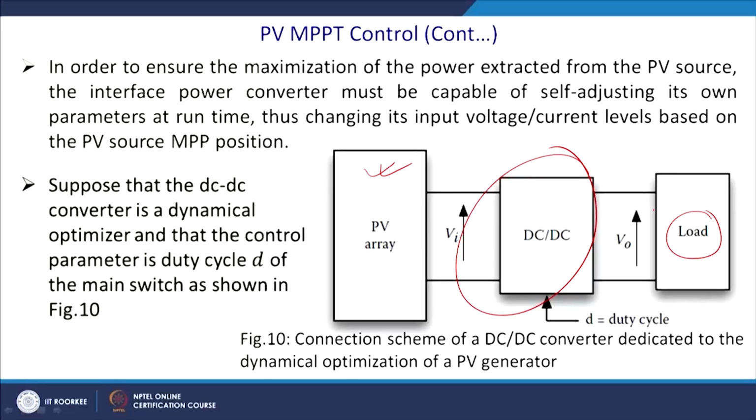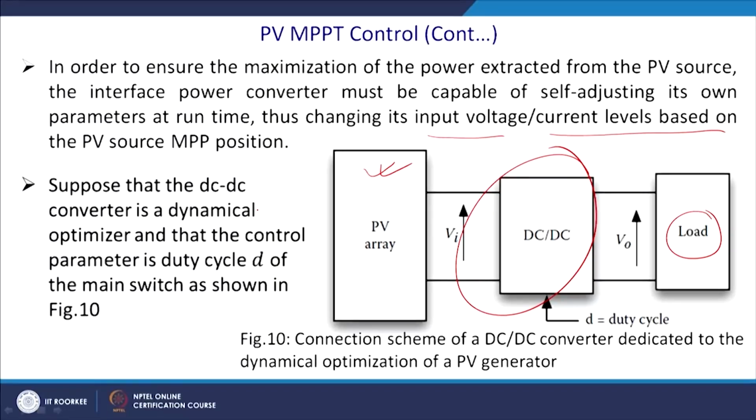In order to ensure the maximization of the power extracted from the PV source, the interface power converter must be capable of self-adjusting its own parameters at runtime, thus changing its input voltage and current level based on the PV source's MPPT position.